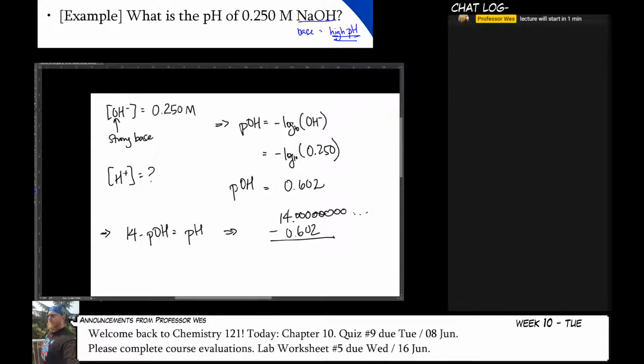So when I do my subtraction, oops, not 13.5, 13.398. So the pH of my solution would be 13.398, assuming I did my subtraction right. Yeah, that looks good to me.